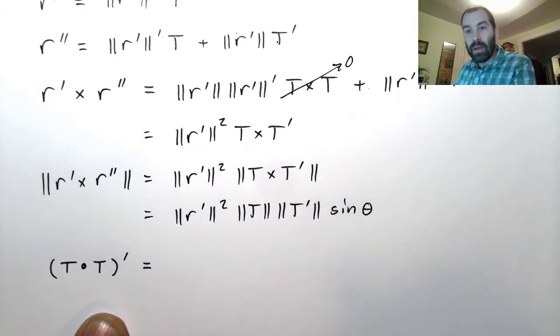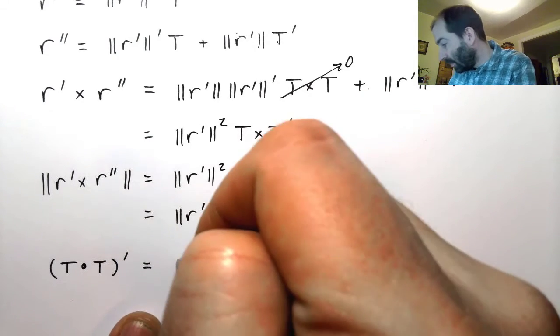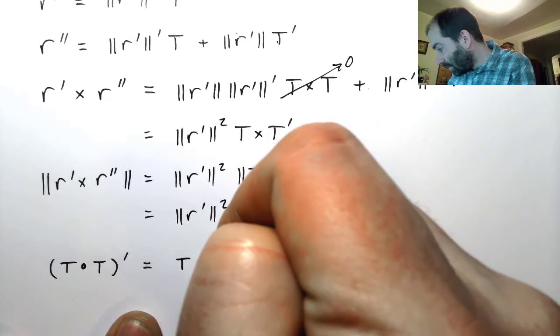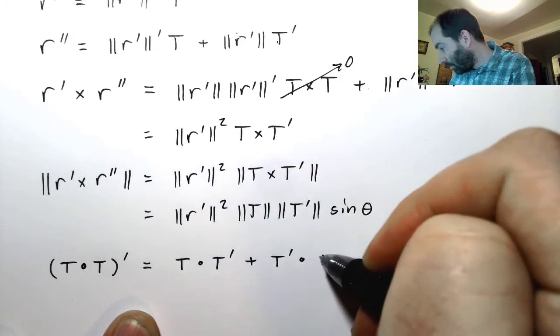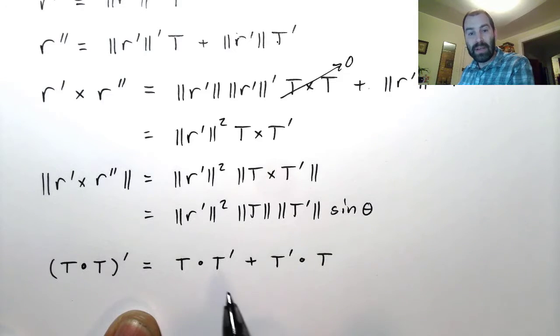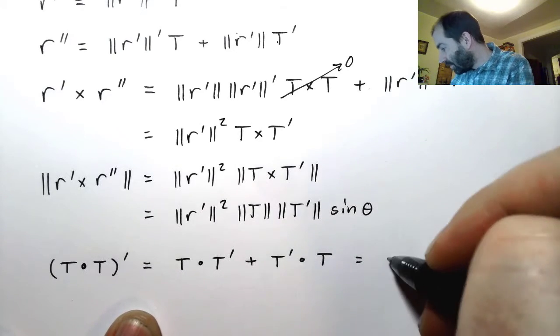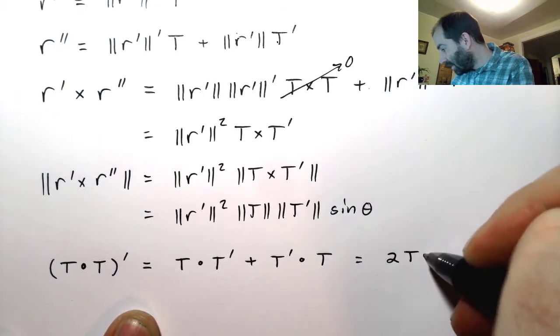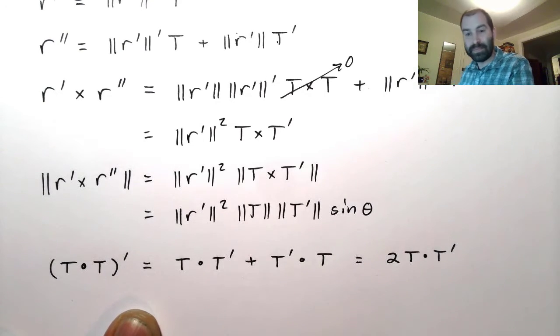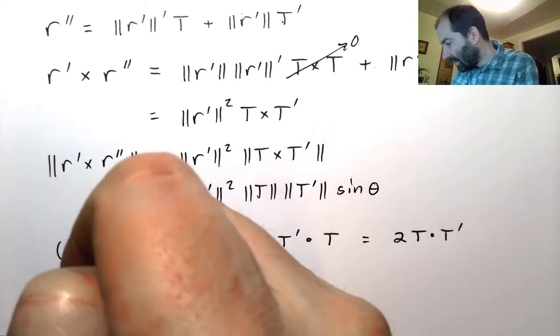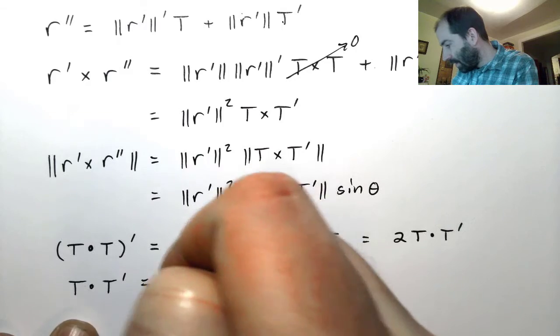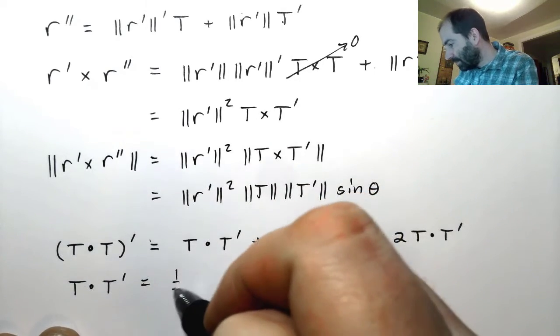Well, we use the product rule. The product rule applies to dot products. So I get t dotted with t prime plus t prime dotted with t. And because the dot product is commutative, this is the same thing as twice t dotted with t prime. If I just divide both sides by 2, I can see that t dotted with t prime is equal to 1/2 of this.